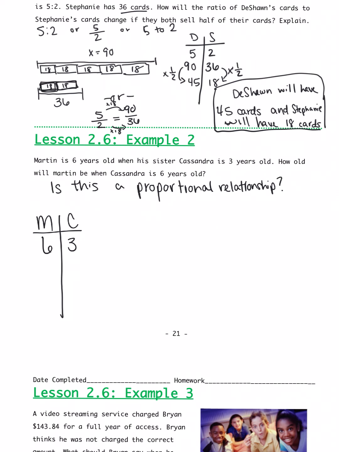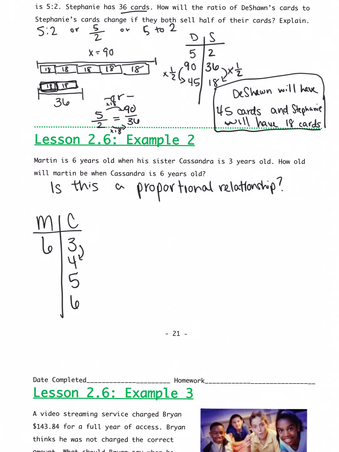Well, we don't actually multiply to get to another age. We could, if we want to say, when she's 6, how old is he going to be? But I'm not going to multiply, because I know how age works. You add one every year. So if she's 3, then she'll be 4, then she'll be 5, and then she'll be 6.